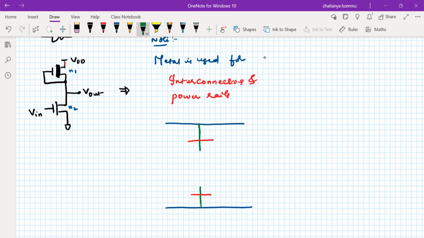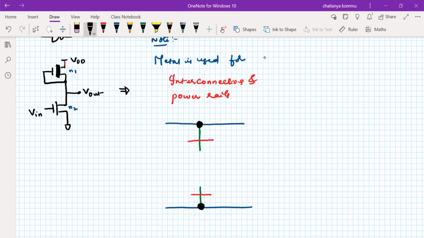But whereas for other materials, diffusion and metal, these are two different materials. Unless you provide a metal contact, it is not at all connected. Therefore, for contact, I have to use a black dot. Is it clear to all of you? Similarly, at the bottom also I have to use a black dot, because the diffusion and the metal are two different materials, so a contact is required.